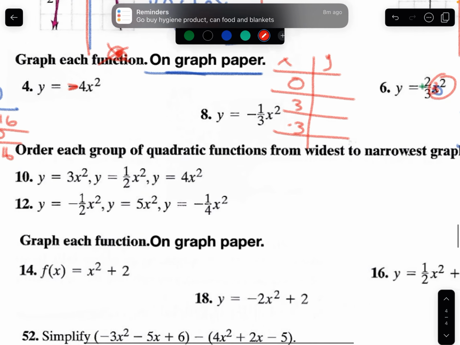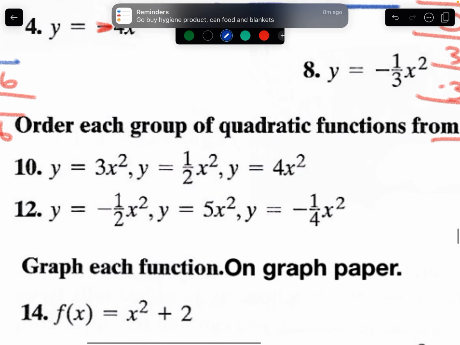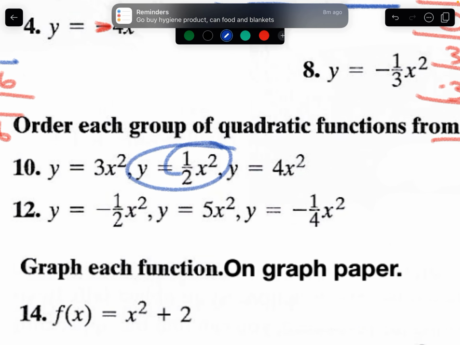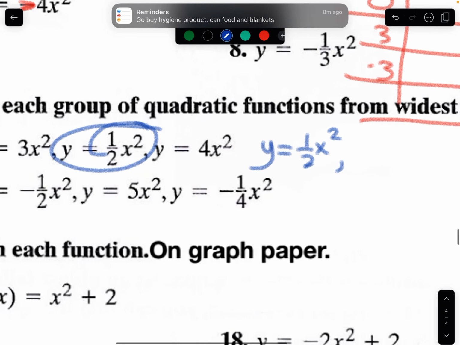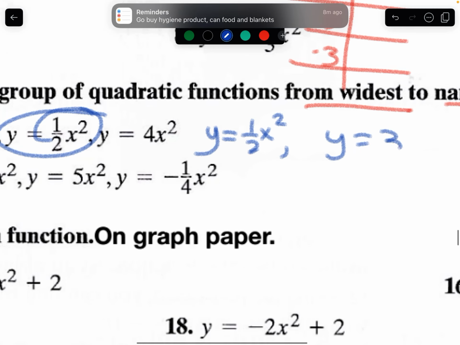Order from widest to narrowest. Widest is the smallest number, so the widest is this one, y equals 1/2 x squared. And then the next one is y equals 3x squared.